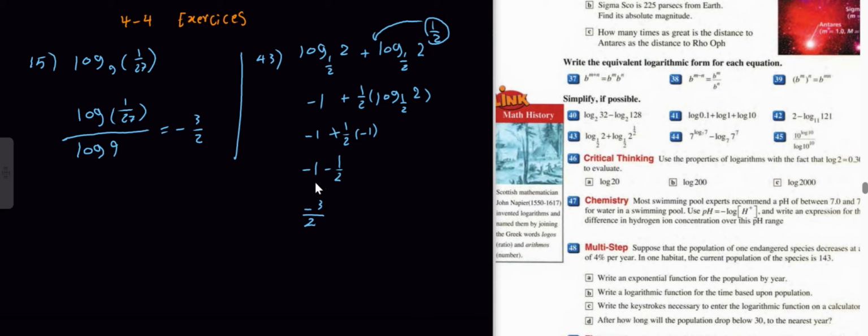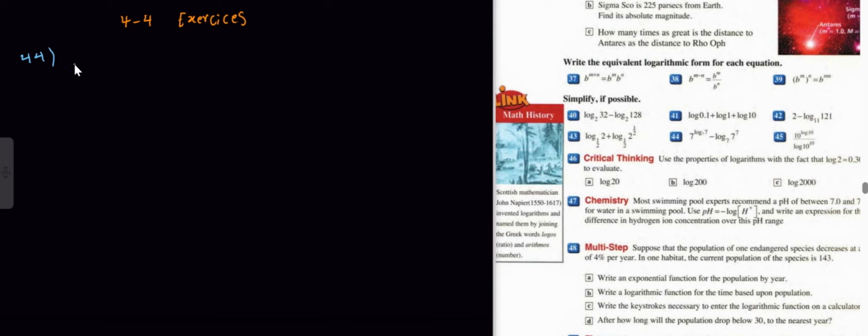You have to equalize their denominators. Look at 44. This 7 with this one are the same, so they will cancel. 7 here is remaining, minus. These two are the same, so they will cancel. This 7 is remaining. 7 minus 7 equals to 0.